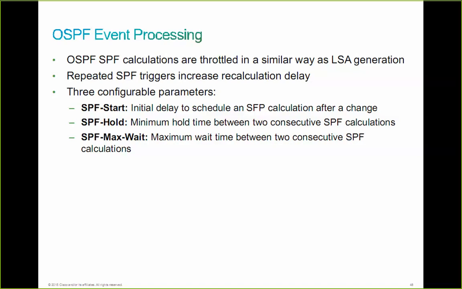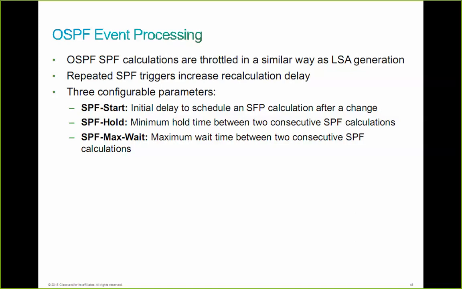It's an incremental value that is exponentially backed off, just like we saw with the hold timer in our LSA propagation. So if it's 5,000 milliseconds, then I'll do my initial calculation, I'll wait 5,000 milliseconds, I'll double it to 10,000 milliseconds, I'll triple it to 15,000 milliseconds, all the way up to the SPF max wait period.